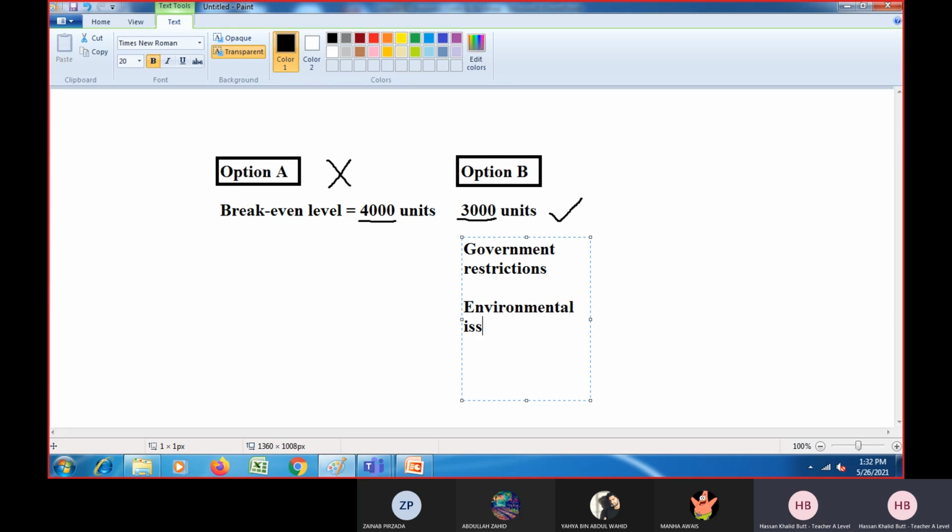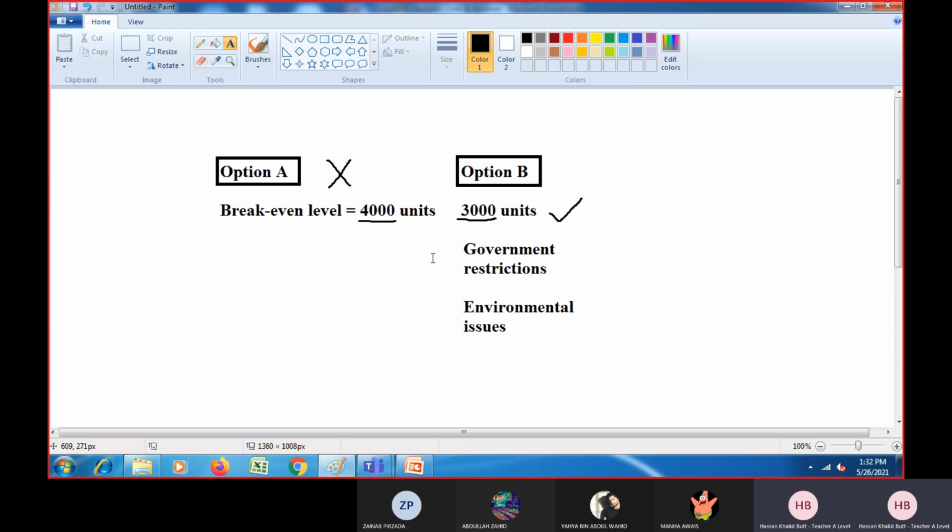Now, because these are not measured in terms of numbers or values, they are not under consideration as far as break-even analysis is concerned. So it looks like option B is far better, but the break-even chart is simply ignoring these two big issues: government restriction and environmental. So you choose option B, and later on, government increases the risk or imposes fines and penalties on that business that you cannot expand much here in that area because of a certain reason.